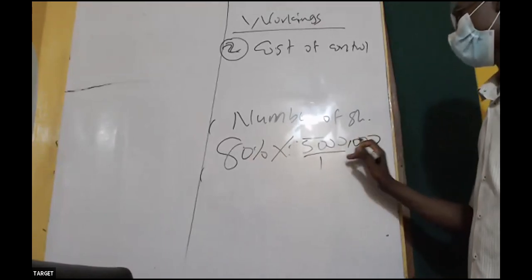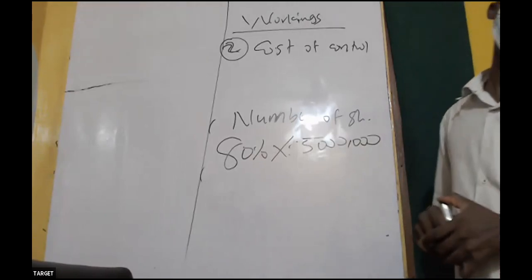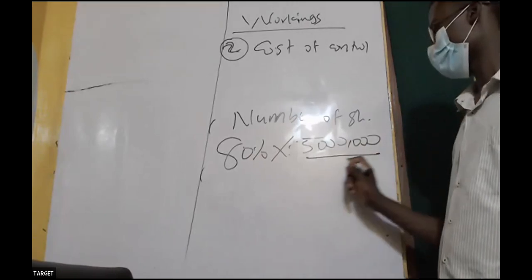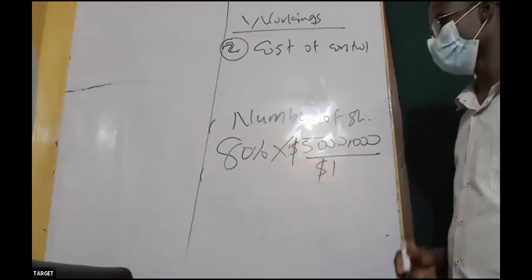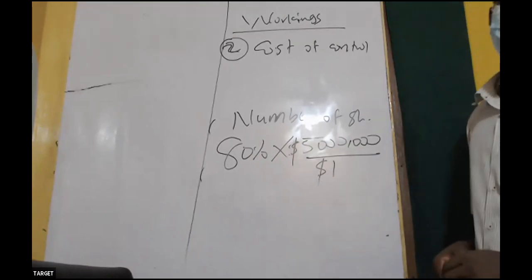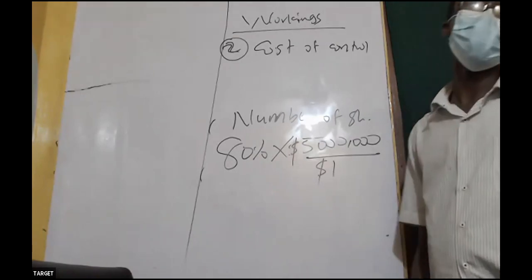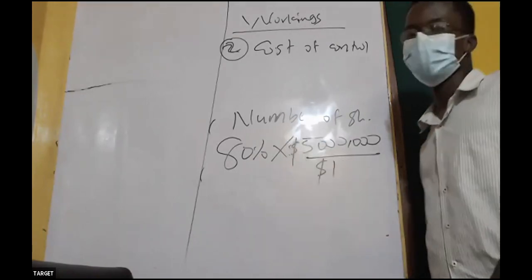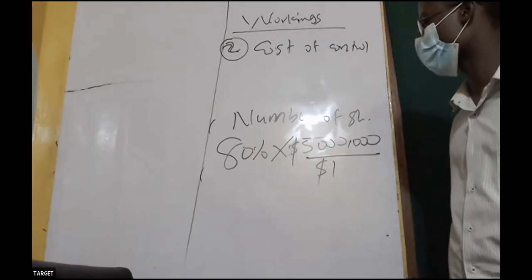This will be the number of shares acquired by the parent. So 80% means 4 million. So parent acquired 4 million. That's why he had 80% control. That's all.